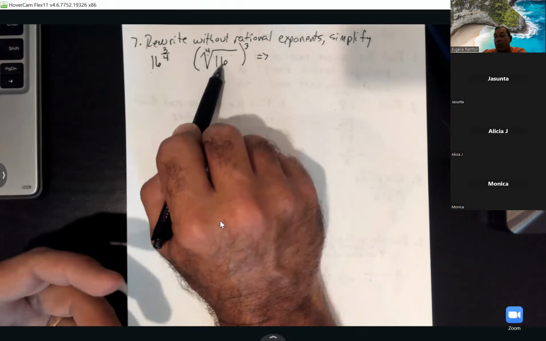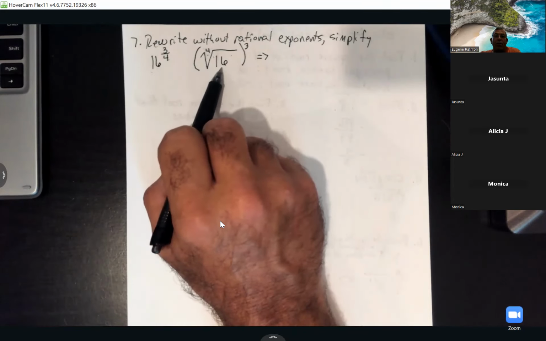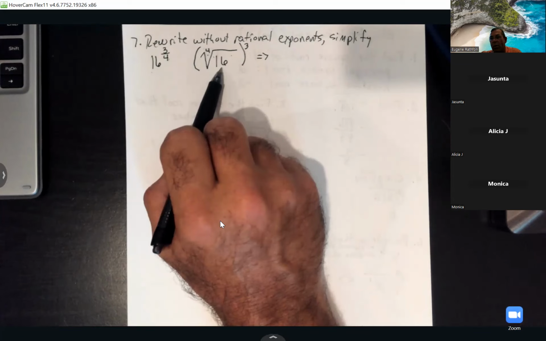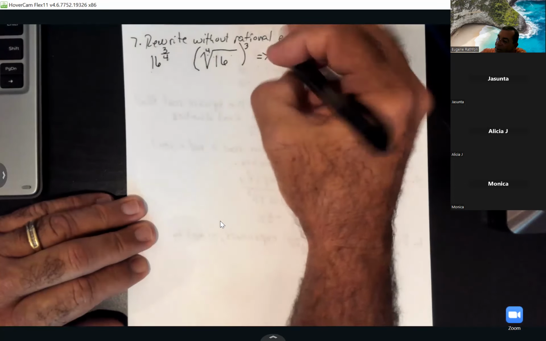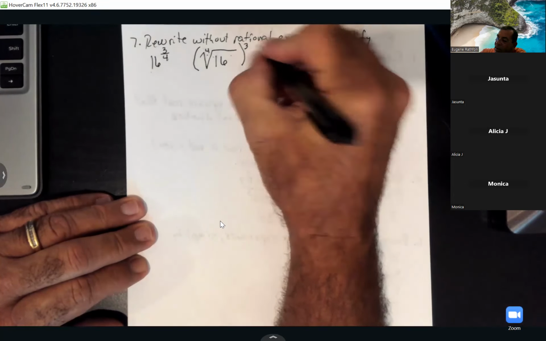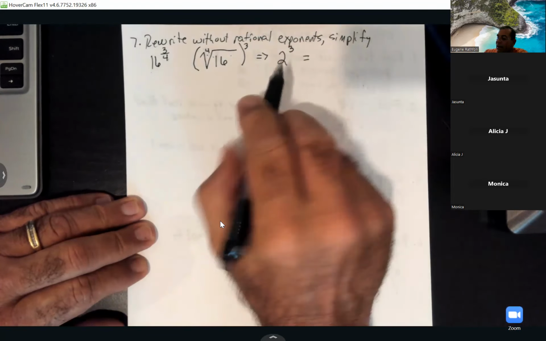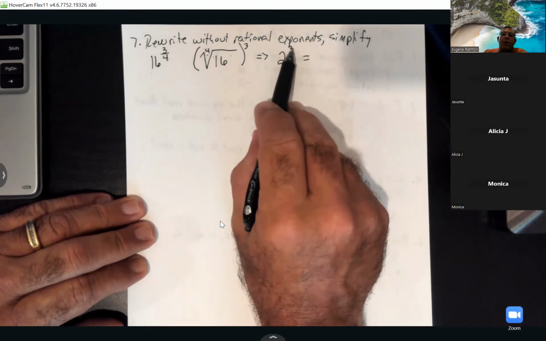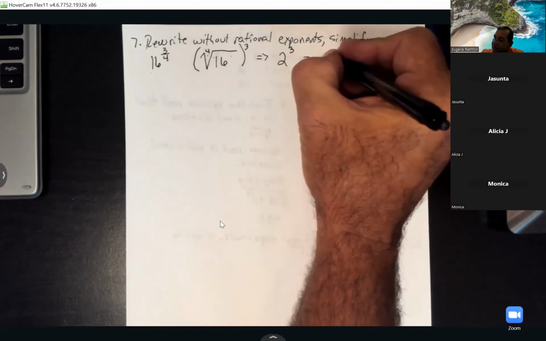And that's got to be a small number, right? So let's think. That'd be what, a 2? Because 2 times 2 is 4, times 2 is 8, times 2 is 16. So the 4th root of 16 would give you a 2, and you still got the 3rd power sitting out there. Now, 2 to the 3rd power, 2 times 2 is 4, 4 times 2 is 8.